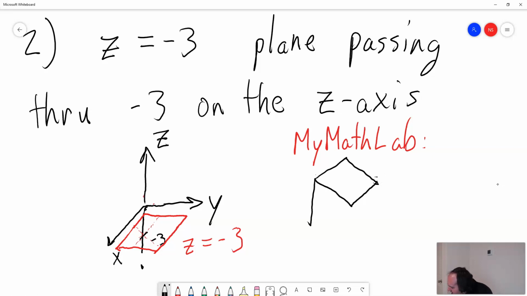Okay, so this is what it's going to look like on MyMathLab. Something like this. And of course mine doesn't look as much like a cube as I wanted, but that's okay. Mine looks more like a rectangular prism, but it's supposed to be a cube.